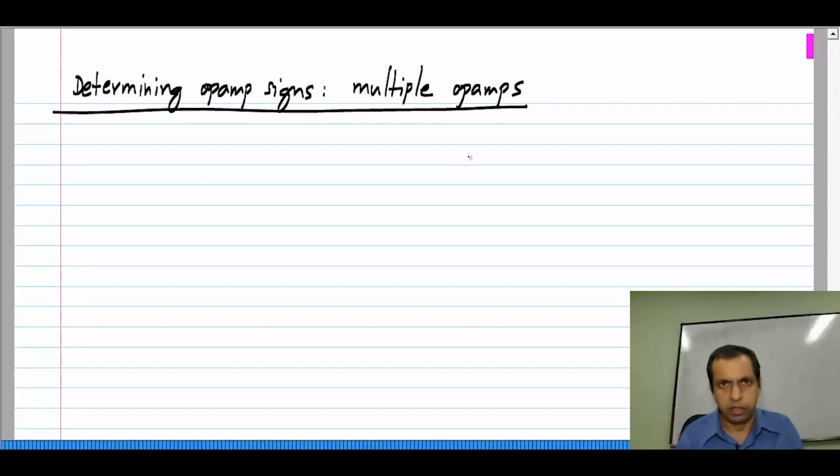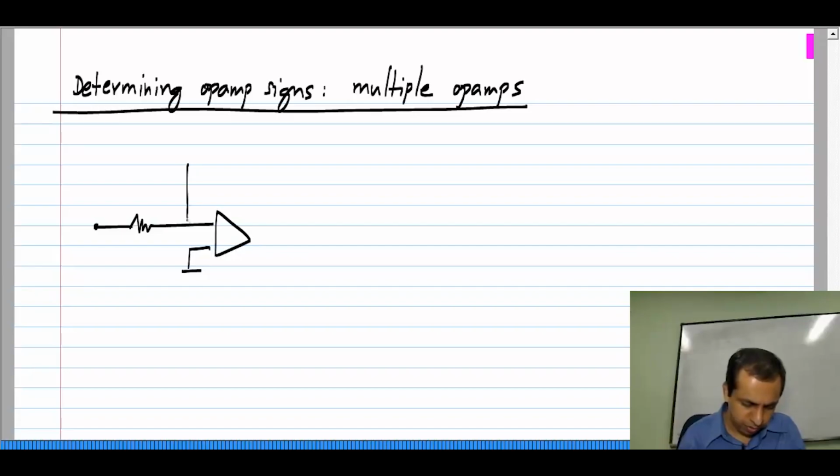And let me take some circuit. I won't worry about what the circuit is, and that you can determine for yourself from circuit analysis. But let me have a circuit of this type.